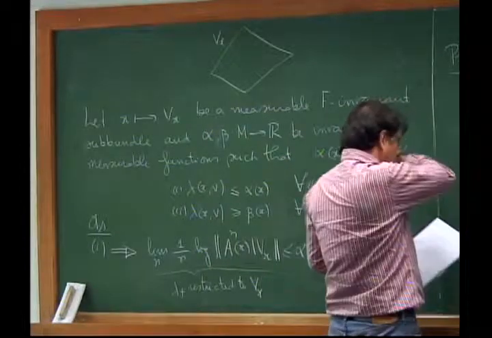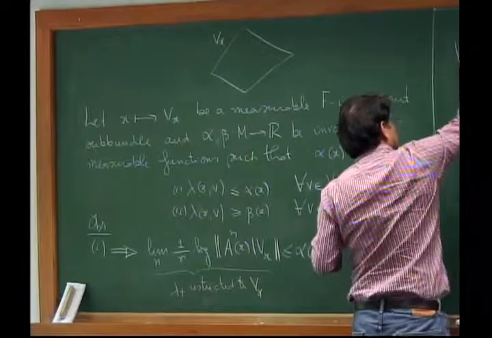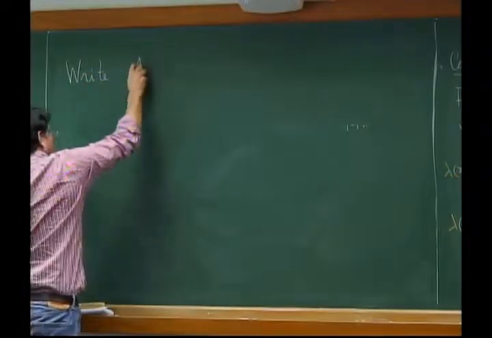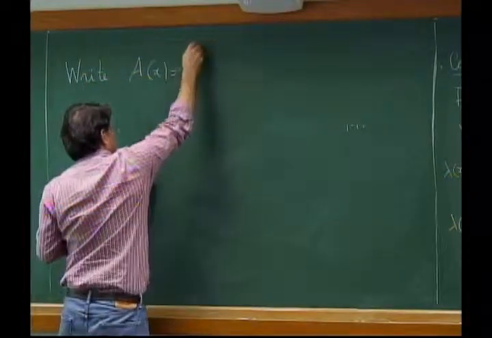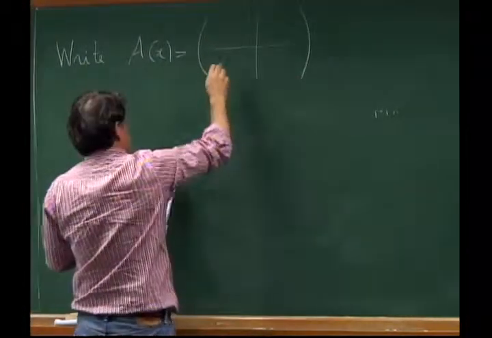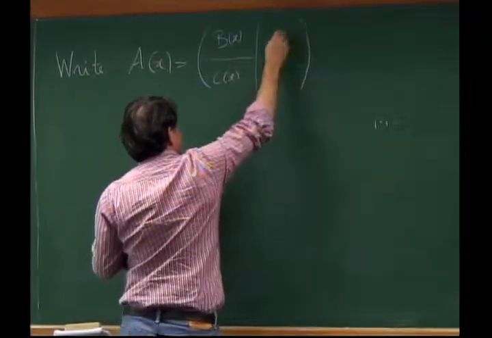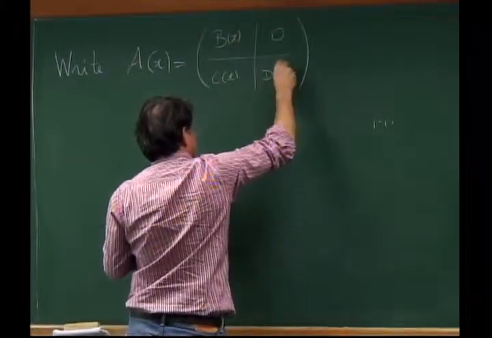So what we do is that we write A of x as a kind of matrix, B of x, C of x, 0, D of x.